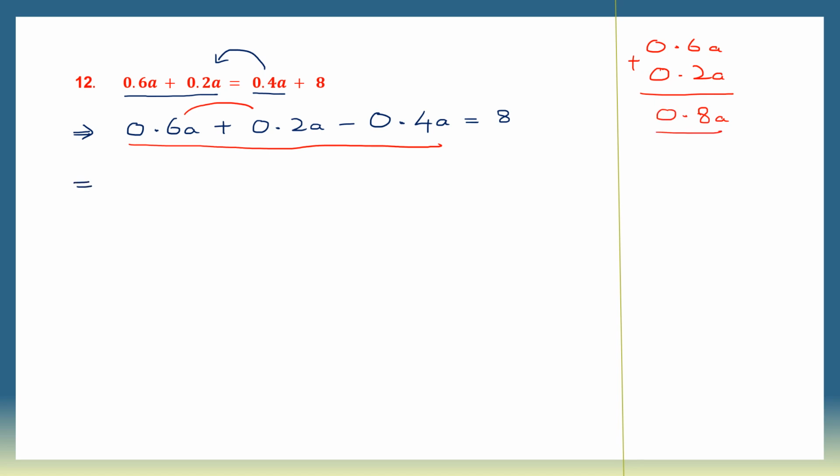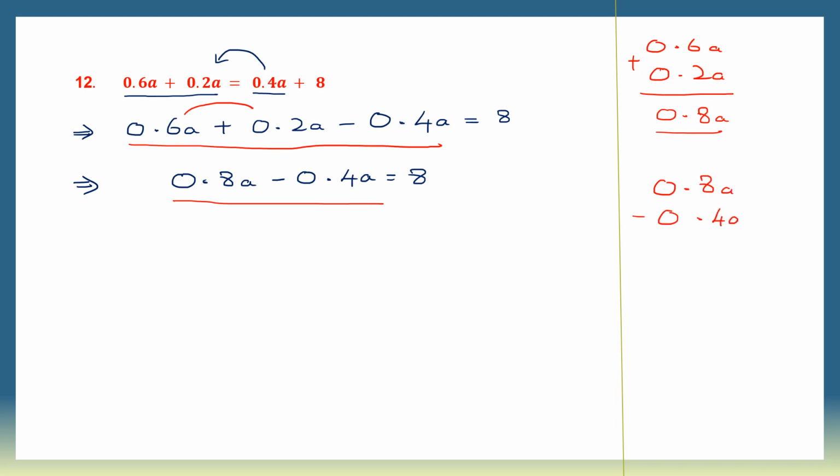So here the first thing we did is we added. So 0.8a minus 0.4a is equal to 8. So now let's work out this. So that will be 0.8a minus 0.4a. So a will remain the same. Subtraction. So 8 minus 4 is 4.